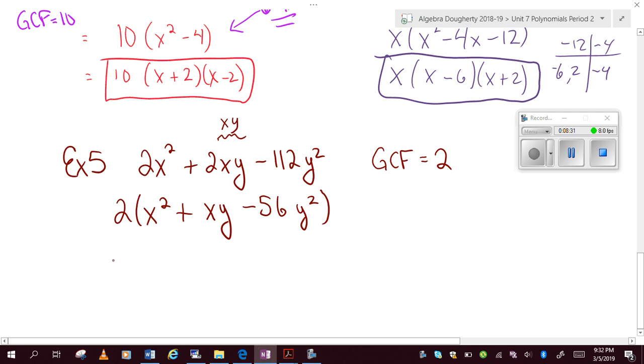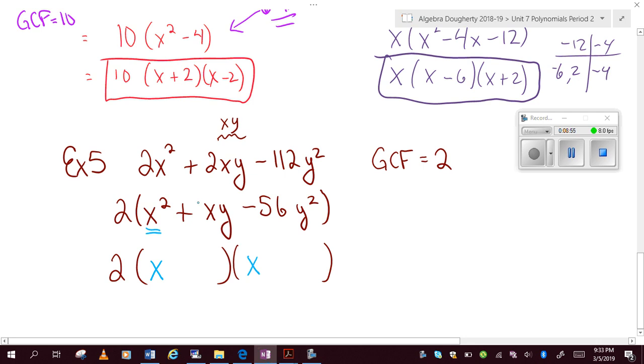Now, I'm going to bring down the 2 first, and this is a trinomial. It's going to factor. We should probably realize that the first term, think what the product of the first 2 terms has to be. That's right. It has to be x squared. So I'm going to put an x and an x here.